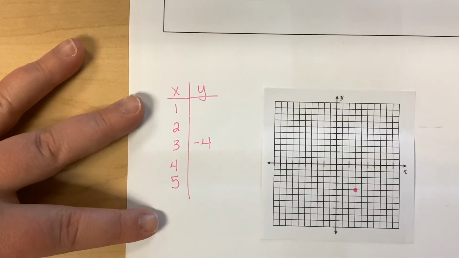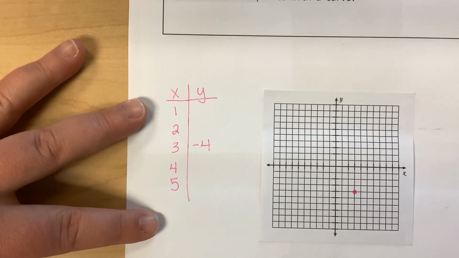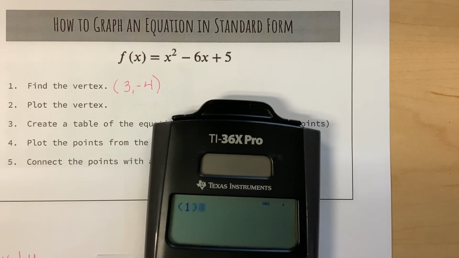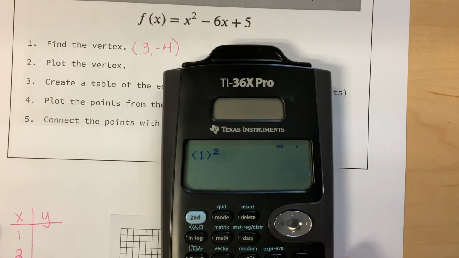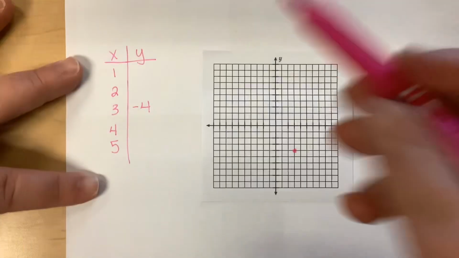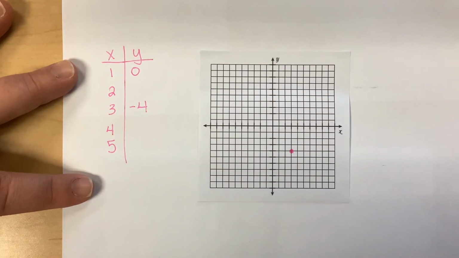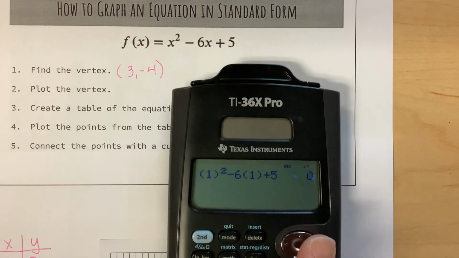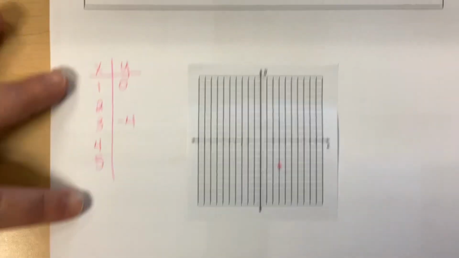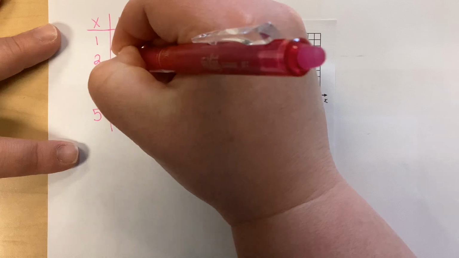And then we're just going to take each of those x values and plug them into the function. If I start with 1, I have 1 squared minus 6 times 1 plus 5, and I get 0. So I'm going to put a 0 right there. I'm going to do the same thing with 2. 2 squared minus 6 times 2 plus 5 is -3.